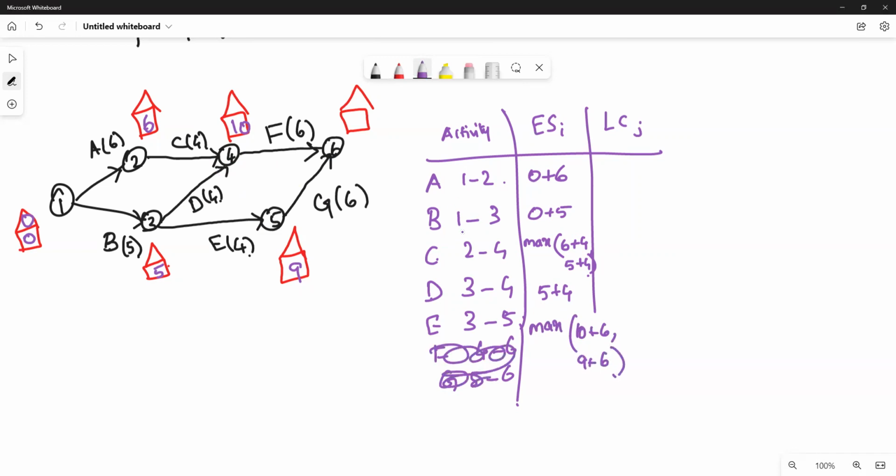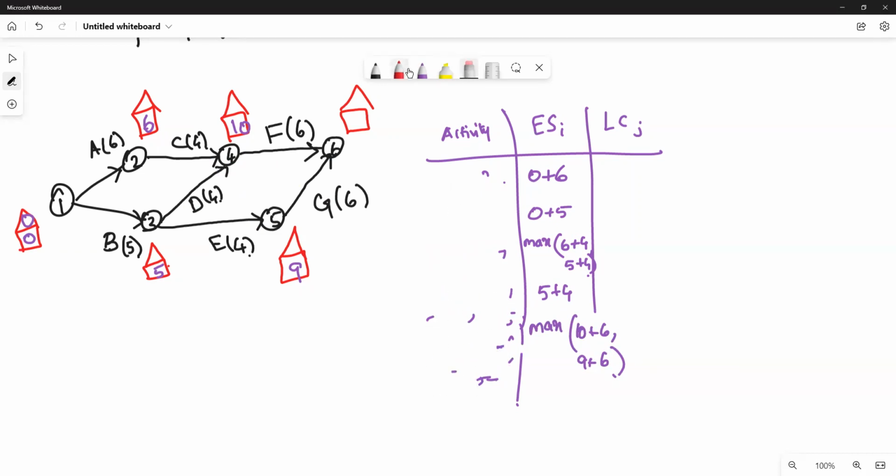So we'll calculate the earliest starting time and latest completion time for each of the nodes. There are 6 nodes: 1, 2, 3, 4, 5, 6. 10 plus 6, 9 plus 6, the maximum is 15, 16, so 16.